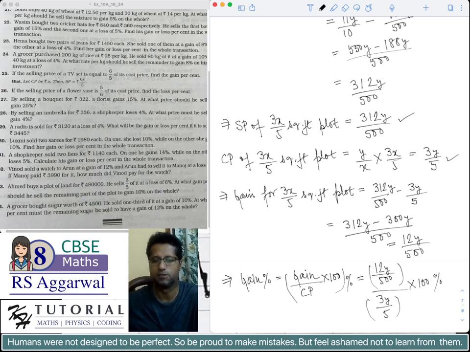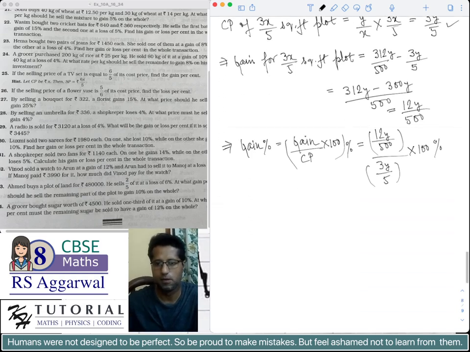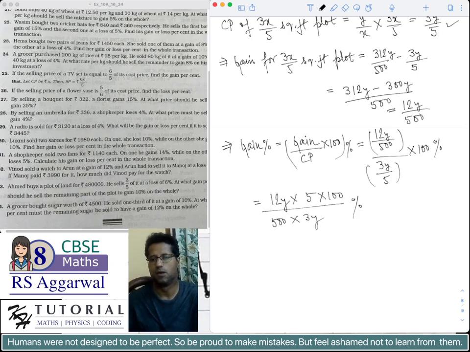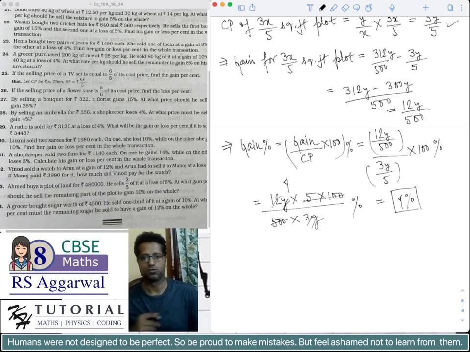If we simplify this, it will be equal to 12y multiplied by 5 multiplied by 100 divided by 500 multiplied by 3y. So 500 cancels 500, y cancels y, and 3 divides 12 with 4. So this is equal to 4%. The remaining plot has to be sold at 4% gain, so that the overall gain is 10%.